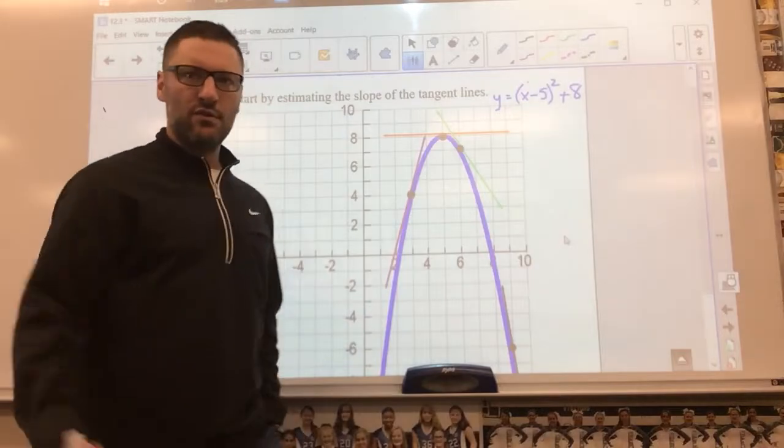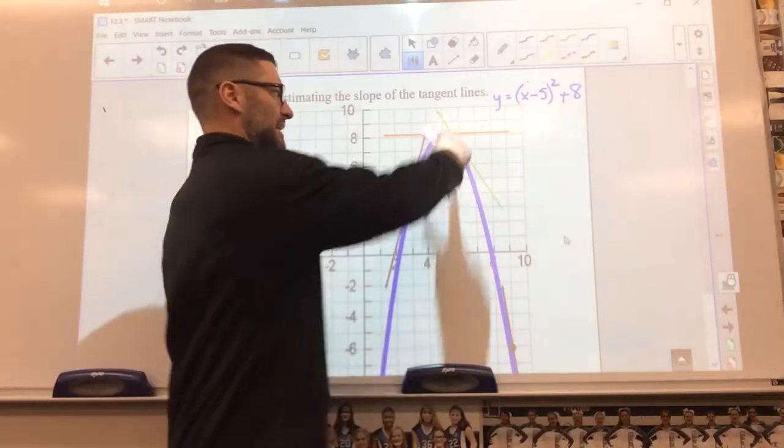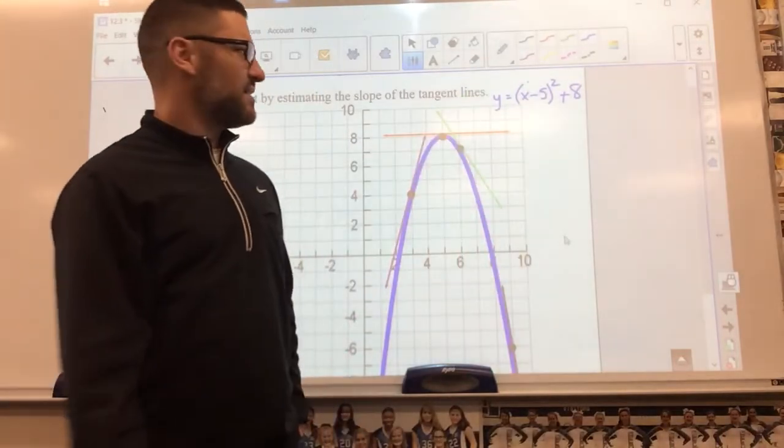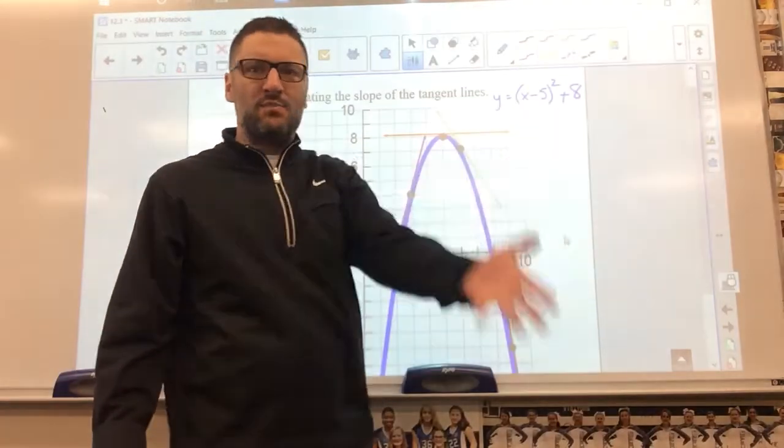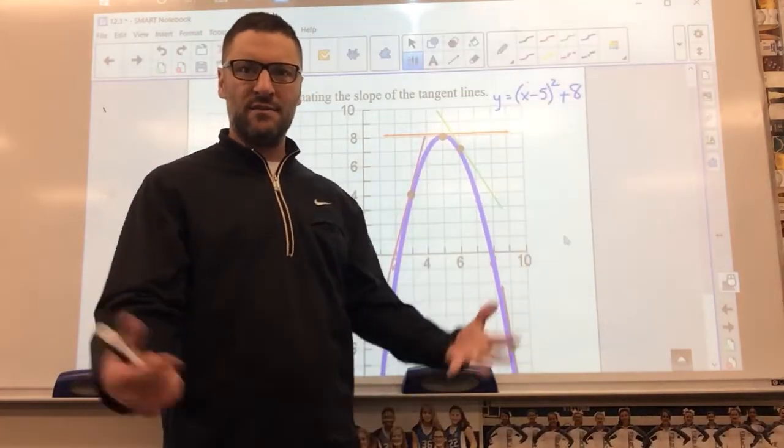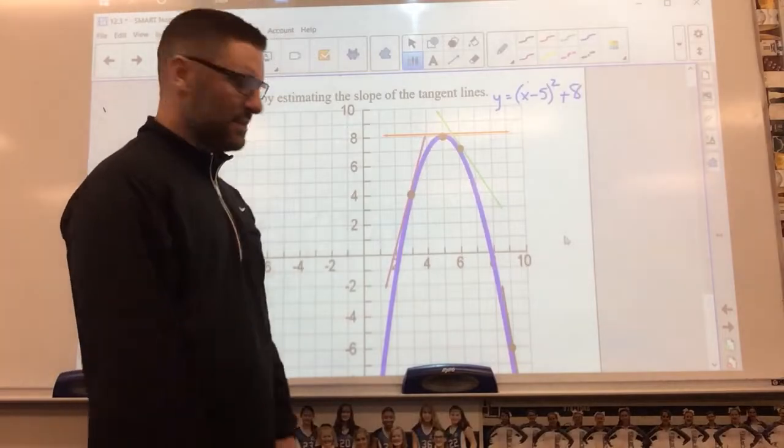If I was to graph that on my graphing calculator, I would get that. The question is, what is the slope at a specific point on the graph? And that's the limit. We'll use limits to do this.